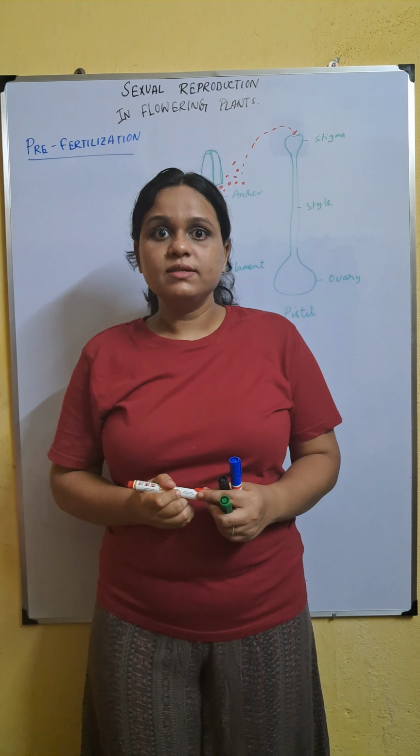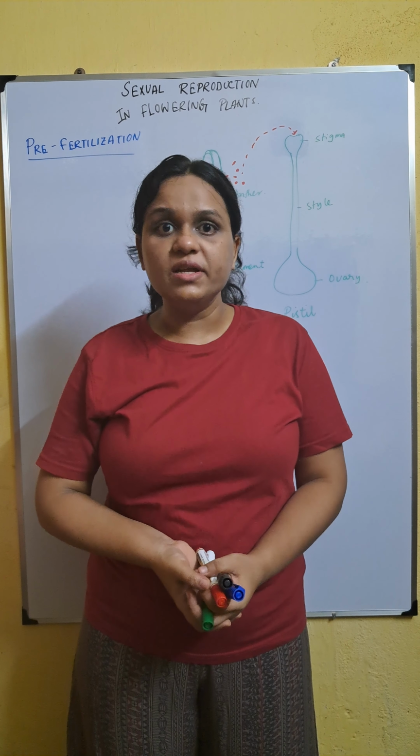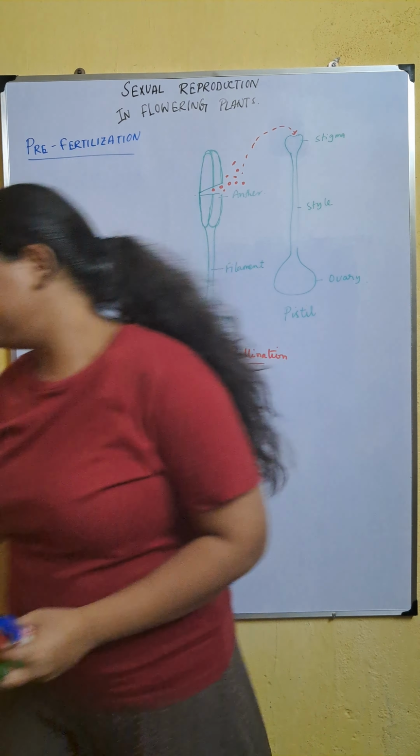During this process, two typical types of pollination are seen in flowering plants. Let's see that.